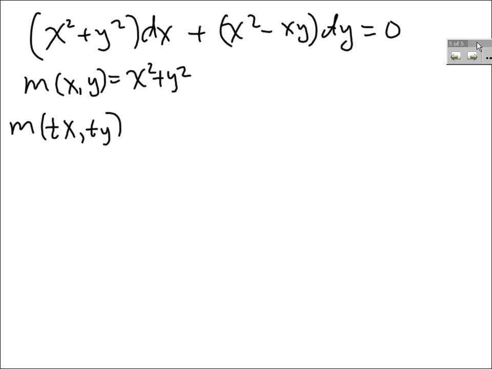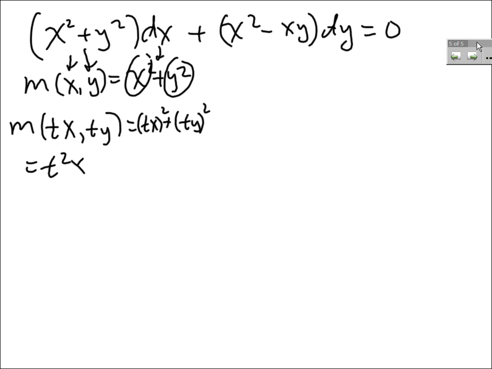Now, what does M do? It squares the first component, it squares the second component, and then it adds them. So I'm going to get (tx) squared, (ty) squared, and I'm going to add them up. Well, that's t squared x squared plus t squared y squared. And I can factor out the like factor, t squared.